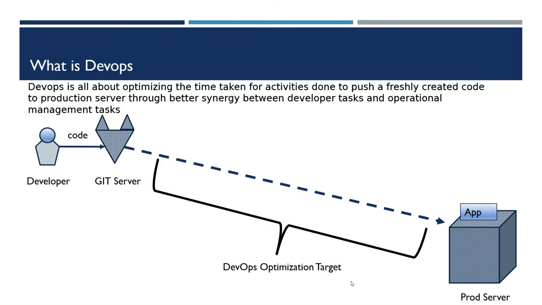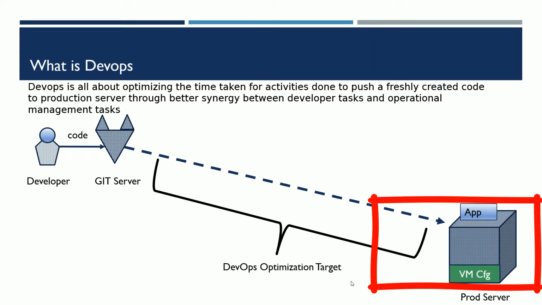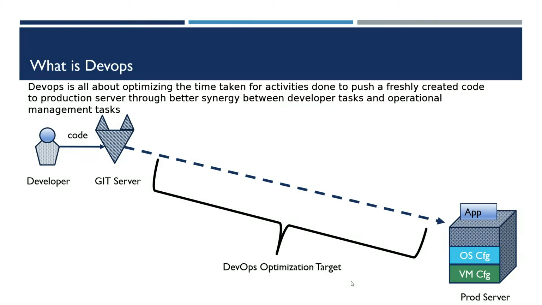Let me give you a hint of what kind of things are needed for getting an application up and running. You need to have some kind of virtual machine configuration done, some kind of platform where your operating system will be available. And once the operating system is available, it also needs to be configured. Some services need to be configured, some packages need to be installed. Then there is a middleware part.